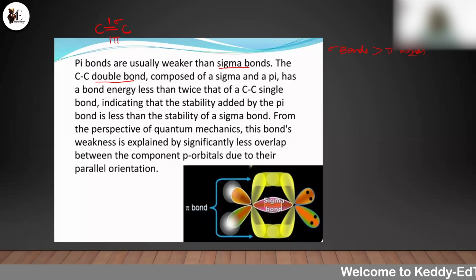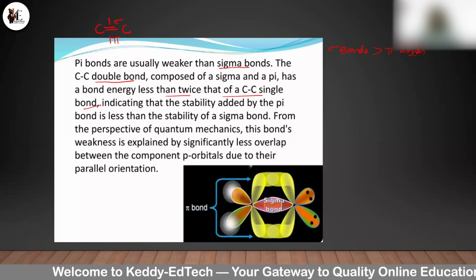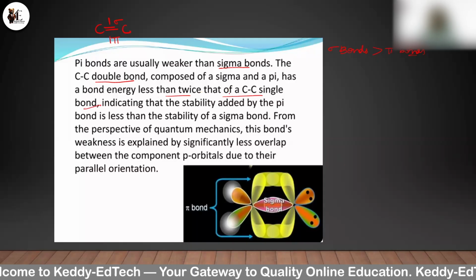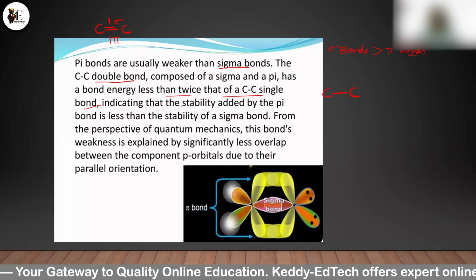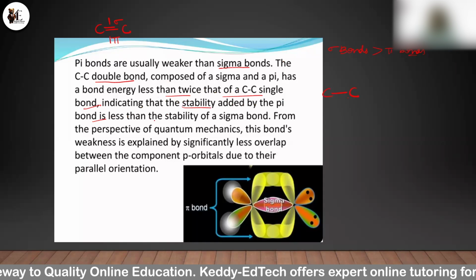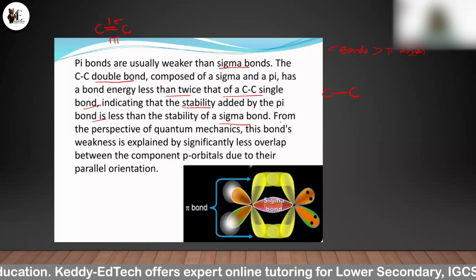So it has a bond energy which is less than twice that of a CC single bond. Bond energy means the energy which is required to break 1 mole of bonds. So it has a bond energy which is less than twice that of a CC single bond, which indicates that the stability added by the pi bond is less than the stability of a sigma bond. Sigma bond is more stable.